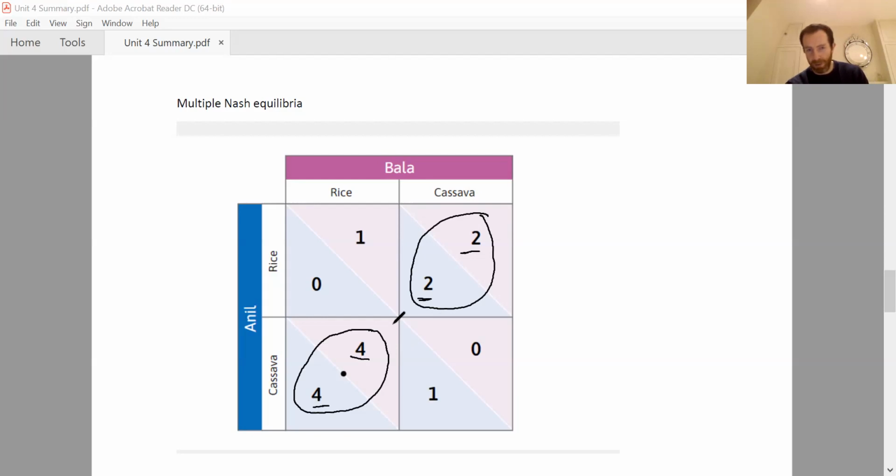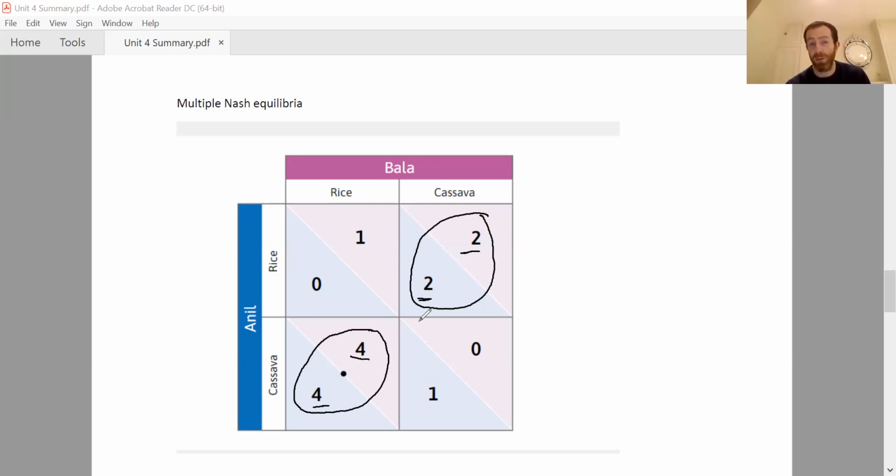Now, if we look at this for a second, it's pretty clear that one of the Nash equilibria is better than the other, right? They both get a higher payoff than if they go with the other Nash equilibrium. And so in reality, if this sort of game was played, we'd probably expect that the players would end up in this Nash equilibrium, this one that's better.